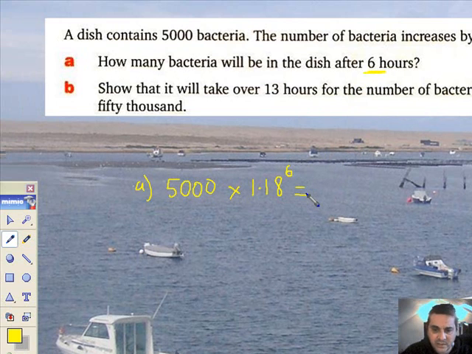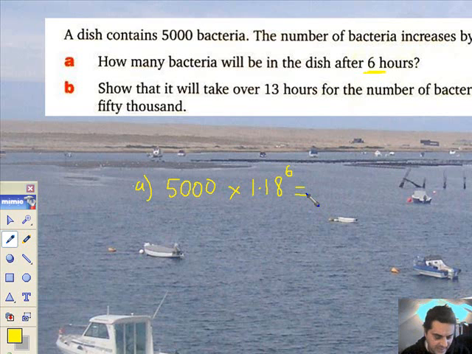So here's my machine trying to handle this. So 5,000 times 1.18, that's my 118%, raised to the power of 6 on my calculator. How many bacteria will there be in the dish after 6 hours? Well, here we go. 13,497.7.